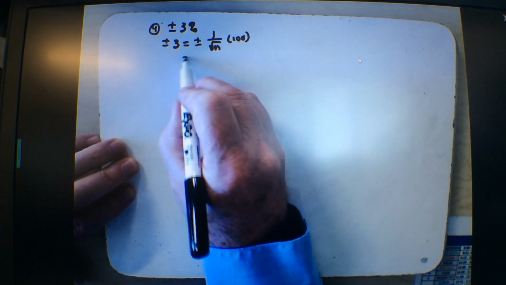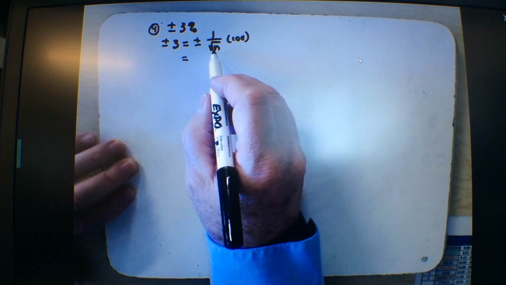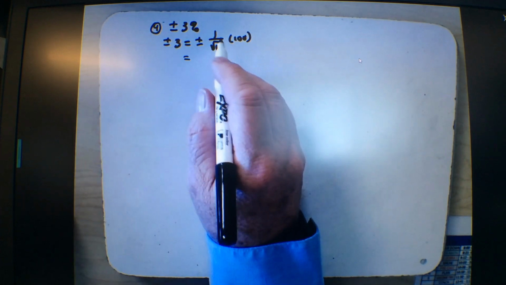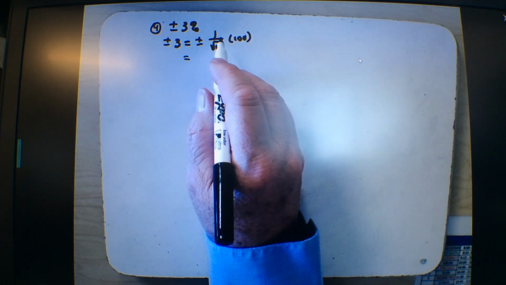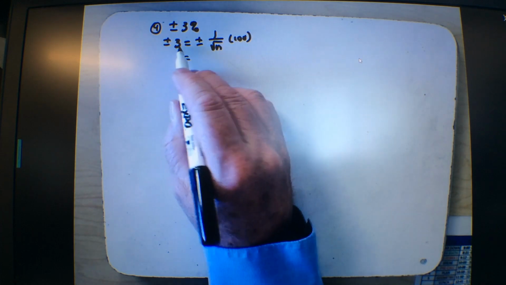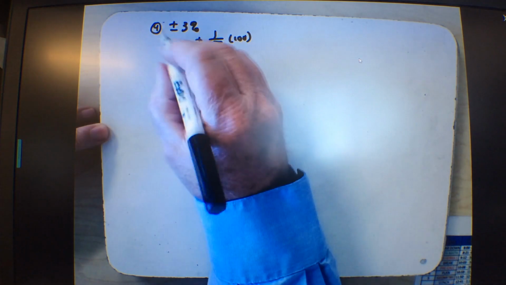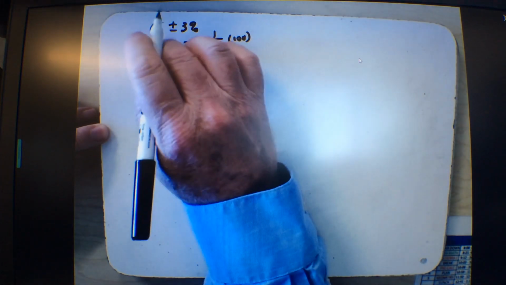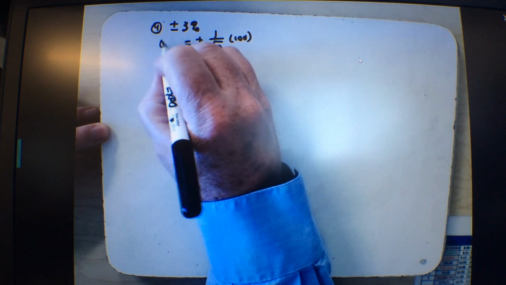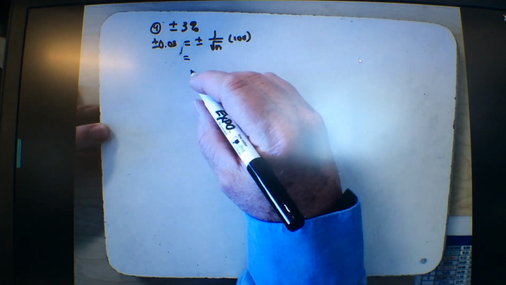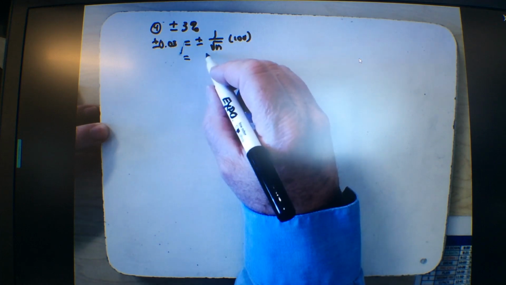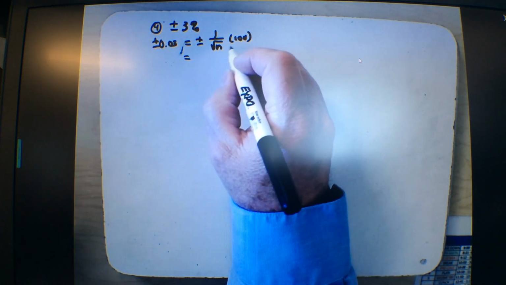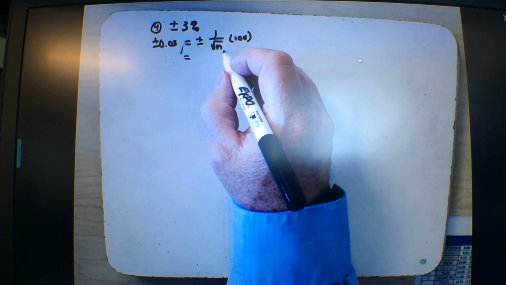Okay, so what happens is first of all, 3% probably needs to be changed to 0.03. Let's try that again. We can drop the plus or minus because both sides have it. And n is in the denominator, right?